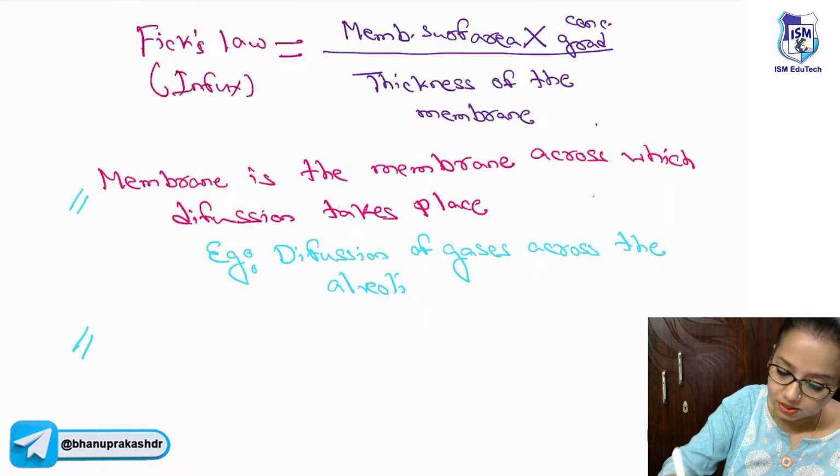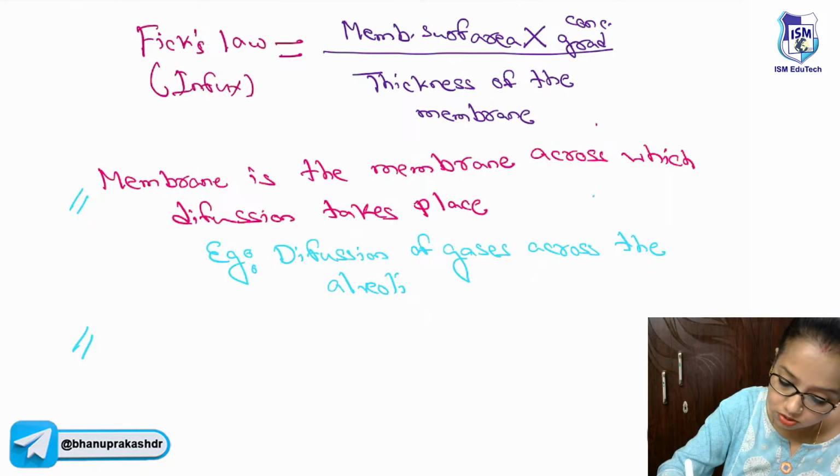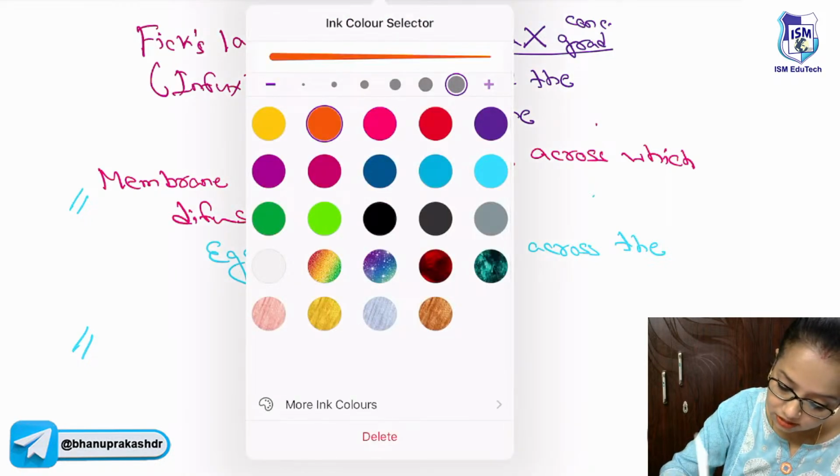Now the second part is the concentration gradient. So what do we mean by the concentration gradient?